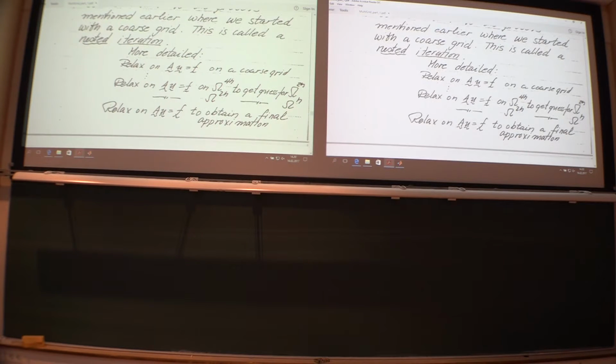So this then should be the recipe. If you now wanted to, say, initially solve a problem, why start on the fine mesh? Much cheaper to start on the coarse mesh. So yes, that's possible. So the first step, you do a couple of iterations on the coarse mesh system.